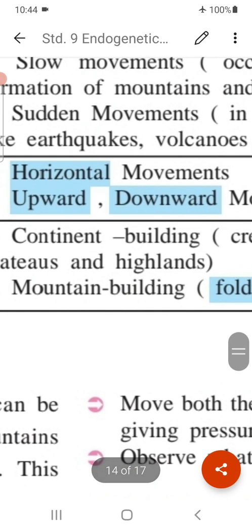Which landforms take place? In this type, continents are built, creating continents, plateaus and highlands. Continent building movements. Continents means what? Large land masses. We can say khanda in Marathi. Now plateaus. Plateaus means what?